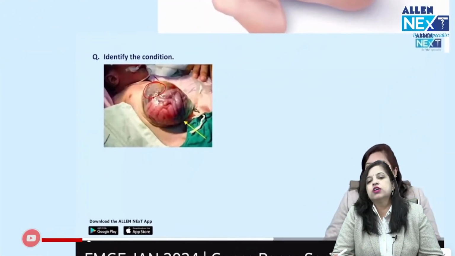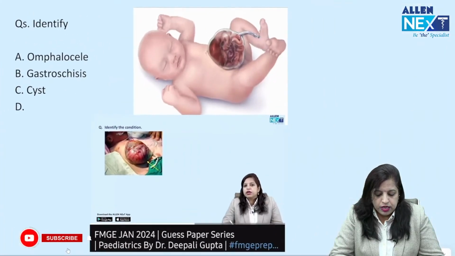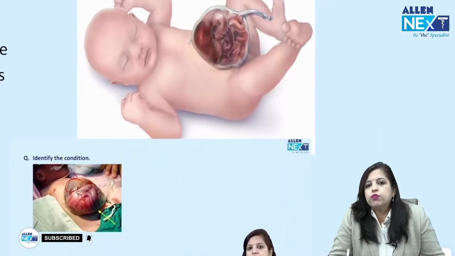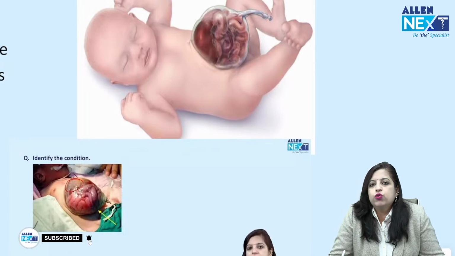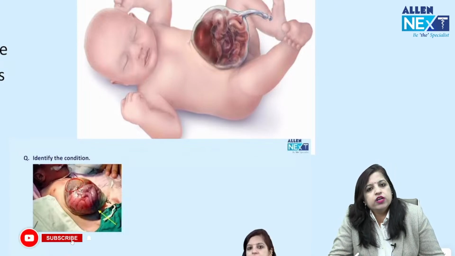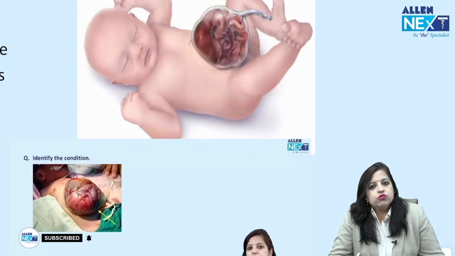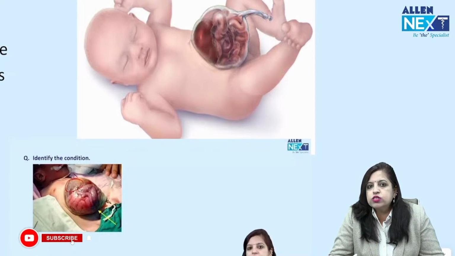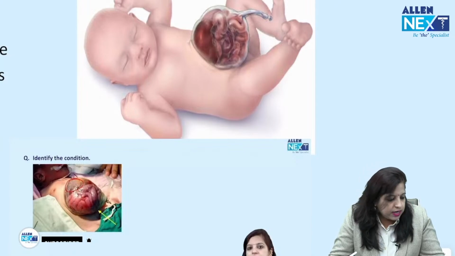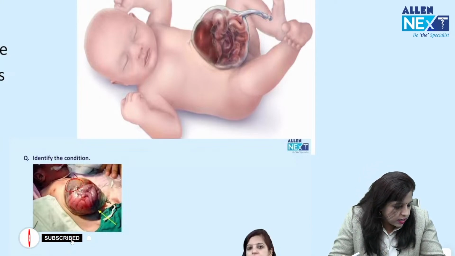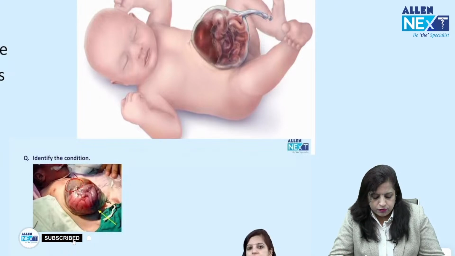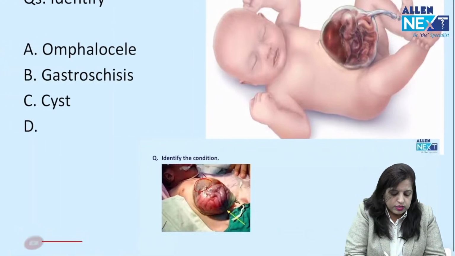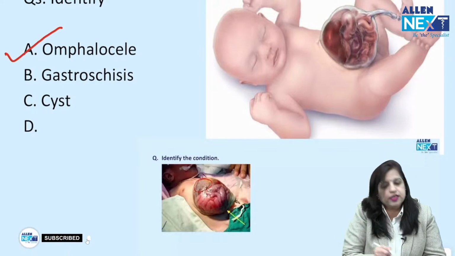The distinguishing features are intestinal loops, and there can also be protrusion of organs like liver and spleen, but it is covered by a membrane, the peritoneum. If you have the peritoneal covering, the diagnosis is omphalocele. Otherwise, if it is exposed, the diagnosis is gastroschisis, right? The correct answer to this is omphalocele.